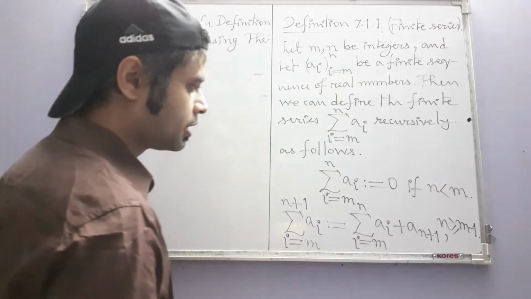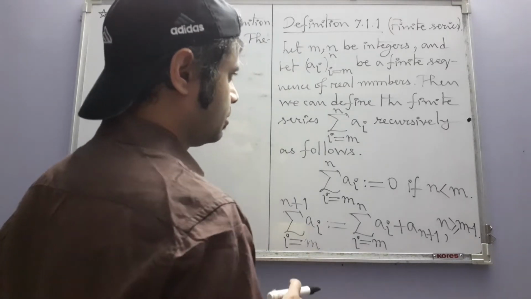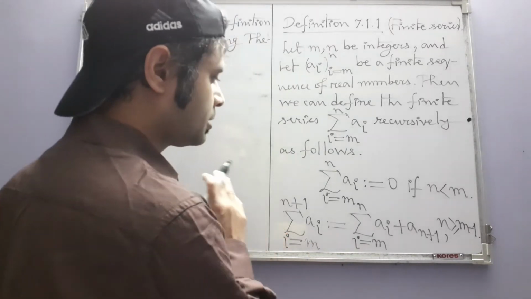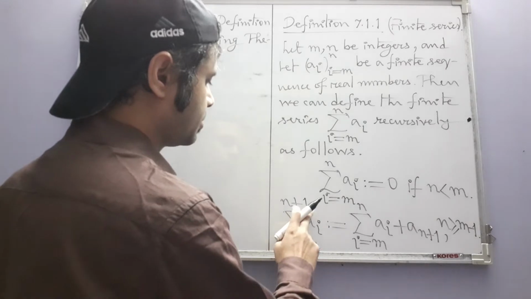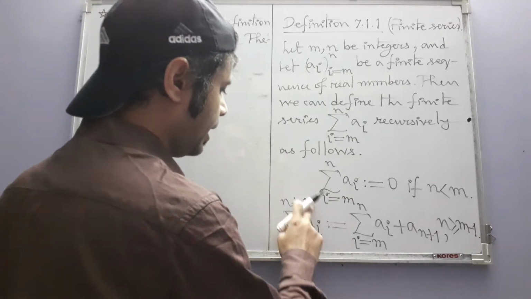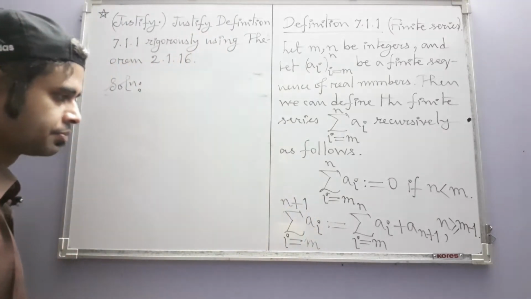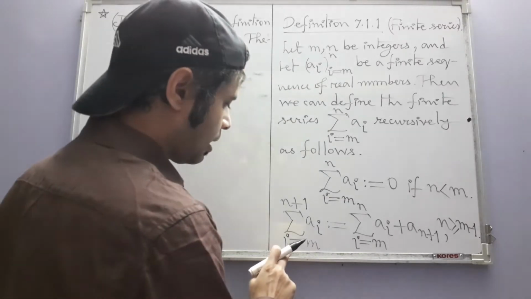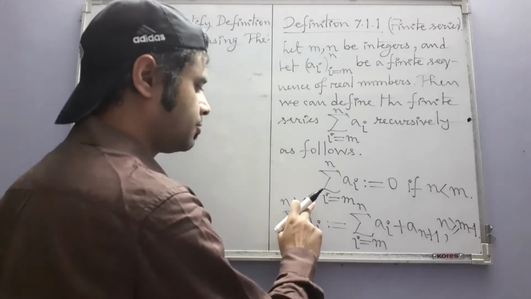Now the issues that we came across are like this. The first thing is that you can see that we have n plus 1 here. Now i is varying from m to n plus 1.